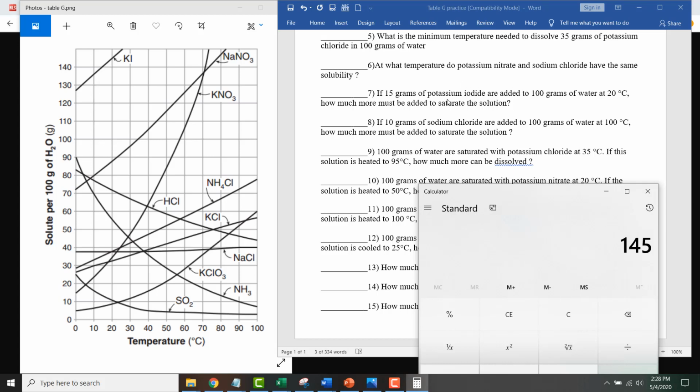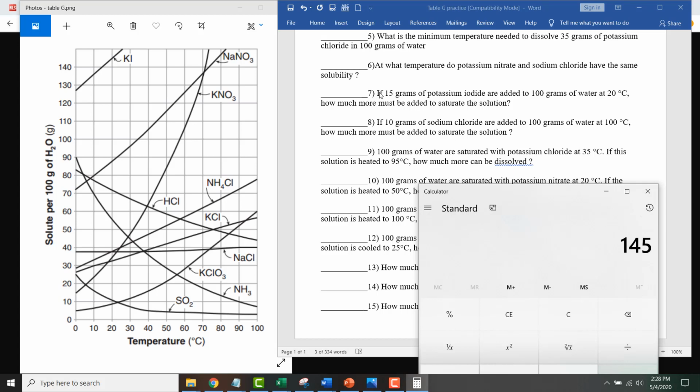Again, how I got that, we're on number 7 here for the example. This part right here, potassium iodide at 100 grams of water at 20 degrees Celsius. So 20 degrees Celsius, I go all the way up to potassium iodide, which is KI, and I see that it has the ability to hold 145. It's about halfway in between 140 and 150. So I know it can hold 145.